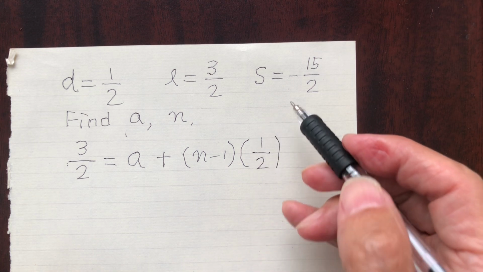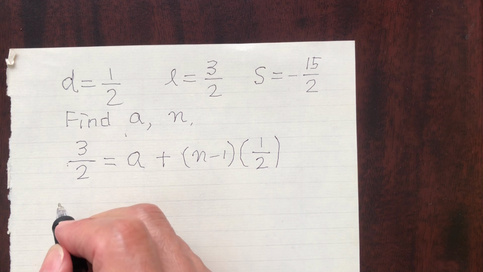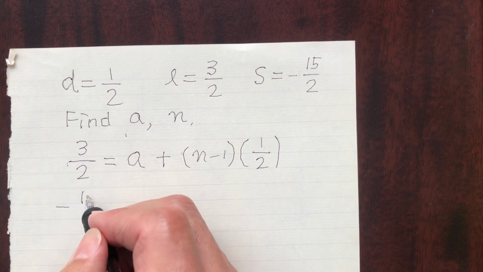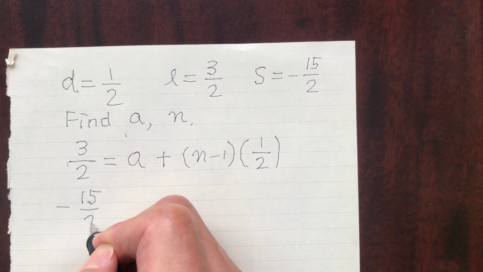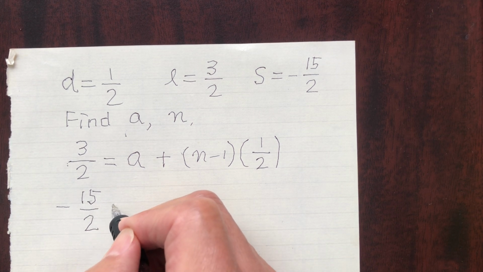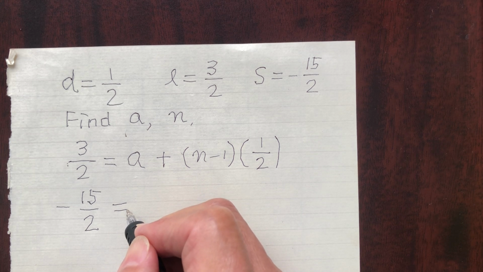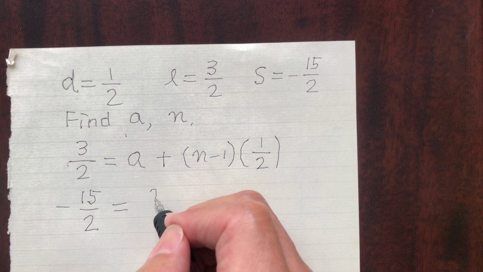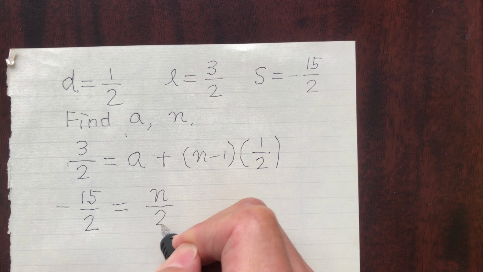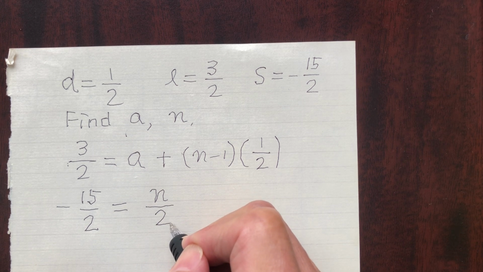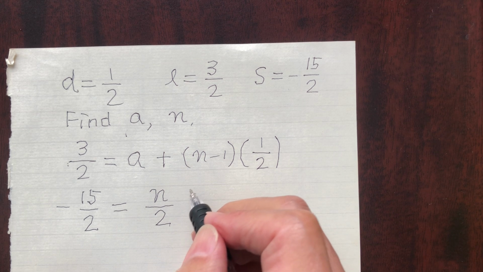And for the next equation, I can use the sum formula. So the sum should be n/2. N I don't know, so n, and inside the bracket is the first term plus the last term.